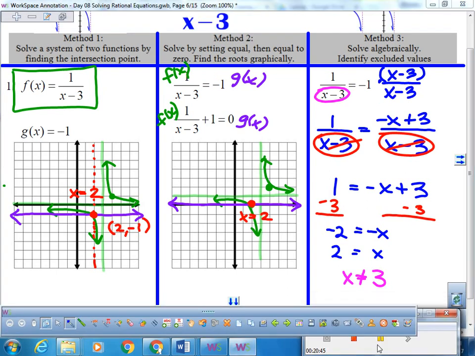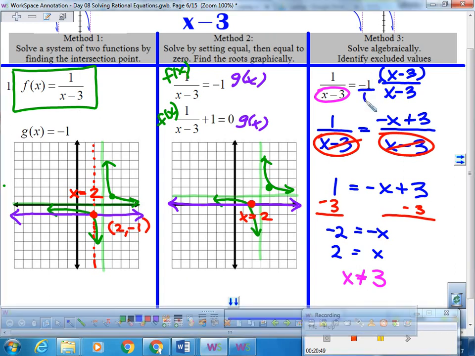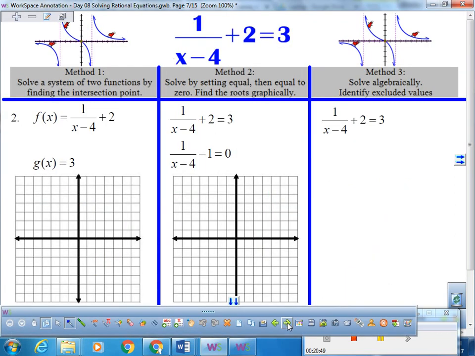Essence wants to know why I didn't put a -1 on the bottom if I distributed it to the top. Because this is -1/1, so I'm only multiplying the numerator by negative, not the denominator. Multiplying straight across. I don't know if I have it in here. Okay, this one. This is the second one on your homework. When you're solving this, you could say this is your f of x, this is your g of x.